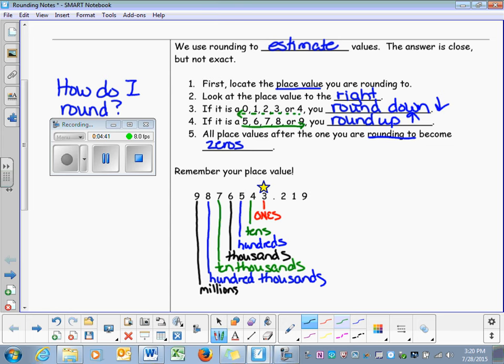I'd like to have $9,876,543. I could even do without the almost 22 cents on the end. And $9 million would make me quite happy.